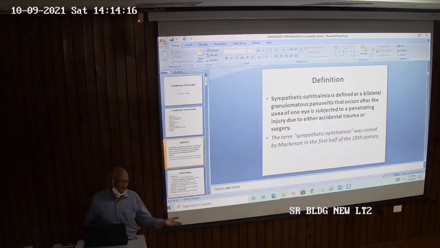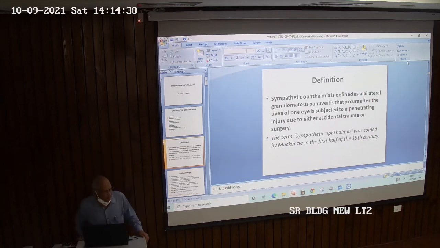Anterior when the anterior part is involved, intermediate when the vitreous or the pars plana is involved, posterior when the choroid and retina are involved. What is this pan? The whole of the eye is involved, anterior, posterior and intermediate. That is panuveitis, meaning from anterior to posterior side, every anatomical structure is involved.